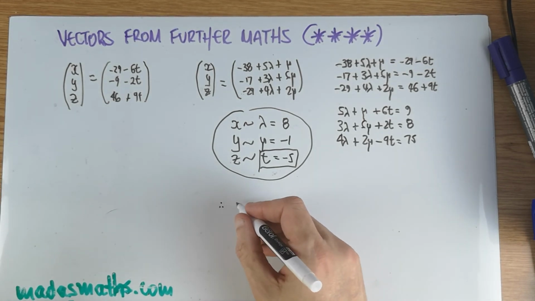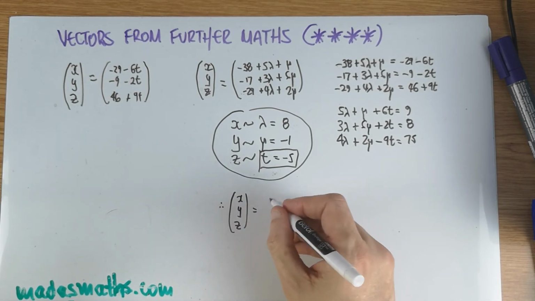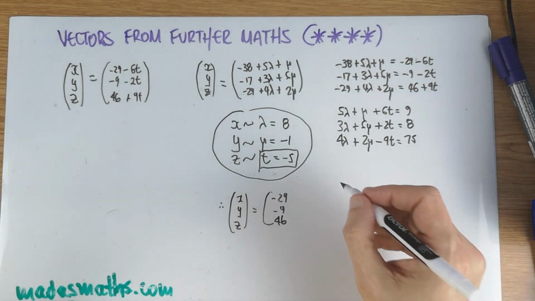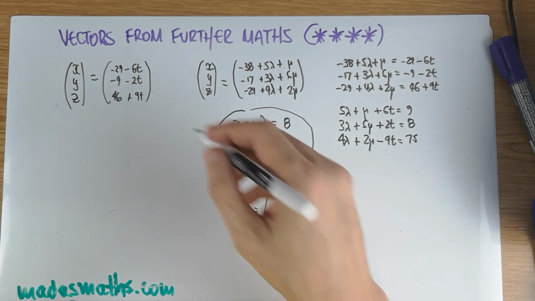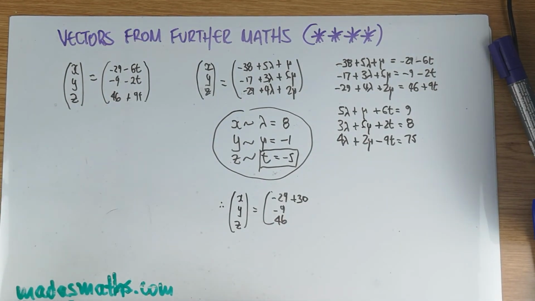And of course, your x, y, z is going to be equal to minus 29, minus 9, and 46. And we're using minus 5, so that's going to be plus 30, sorry, is it plus 30?